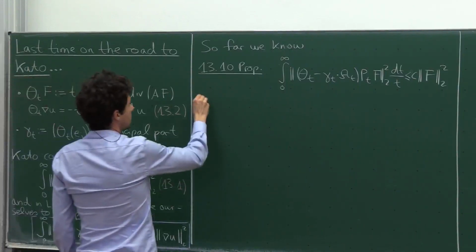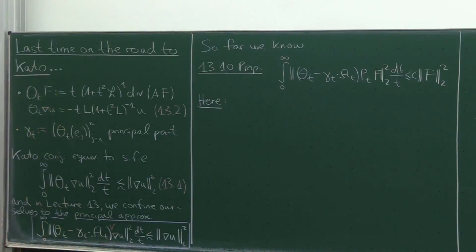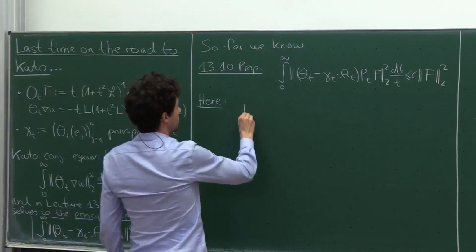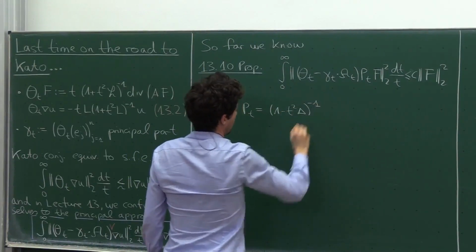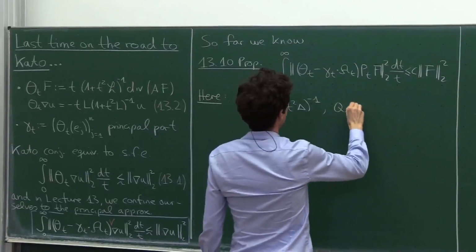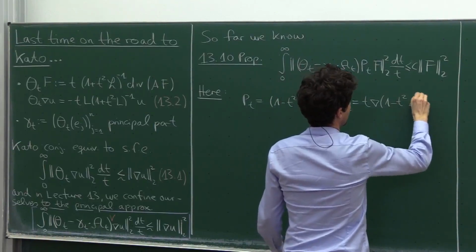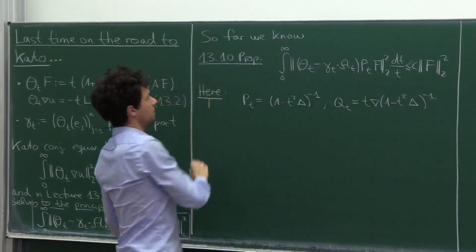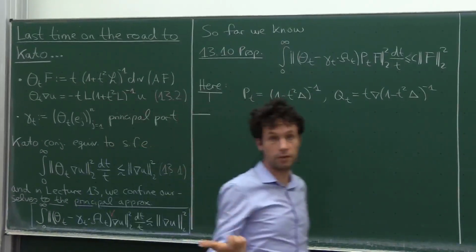And to end this rather long, but I think useful for you, what happened last time section, let me say what P_t was. Well, P_t was the resolvent of the negative Laplacian on R^n, and then there was an accompanying operator Q_t. Q_t was t times gradient. Okay, these guys were useful. So that's what we know, and now we have to go on.